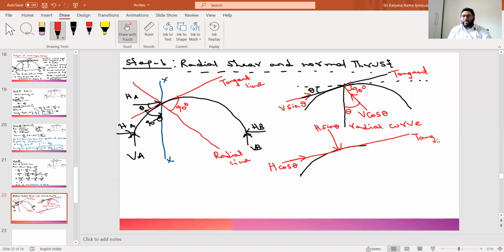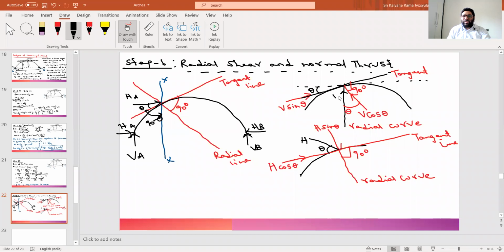So this is the tangent line, and this is the radial curve. This is 90 degrees. See, everywhere it is the same, for both the directions. And we have the horizontal force acting like this at this point with an inclination theta. So we have resolved it equivalently.